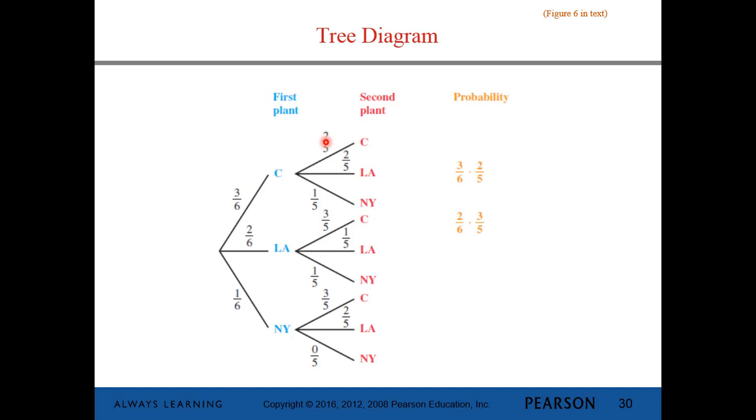Okay, so you can only choose one and it can't be selected twice. So to set up our tree diagram, we start looking at the probabilities for each event.